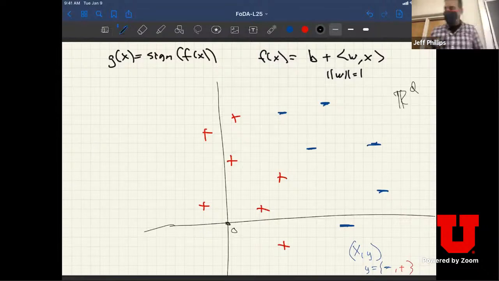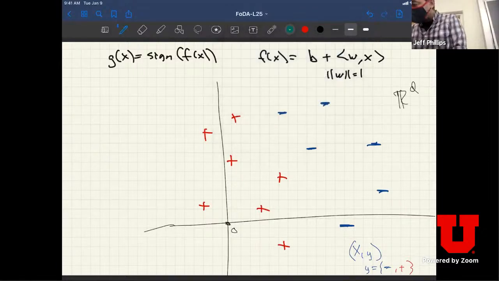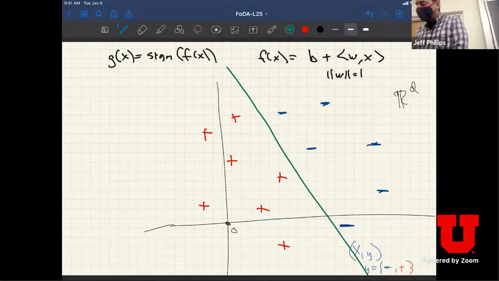The linear classifier, if we do this correctly, is going to be represented by a line, and this line is going to divide the space. If we're in R^D, in higher dimensions than 2, it's not just a line, but actually a half space. I'm cutting the space in half.